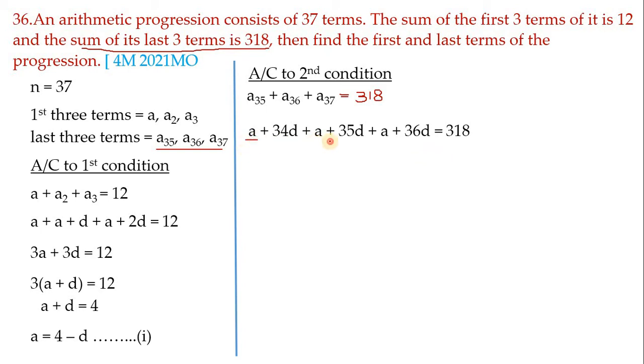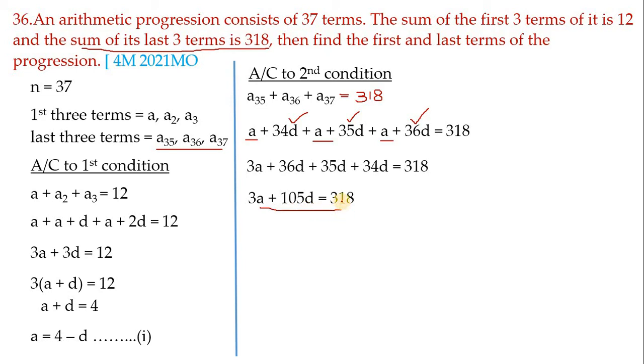A plus A plus A is 3A, and adding 34D plus 35D plus 36D we get 105D. So we get 3A plus 105D equals 318.